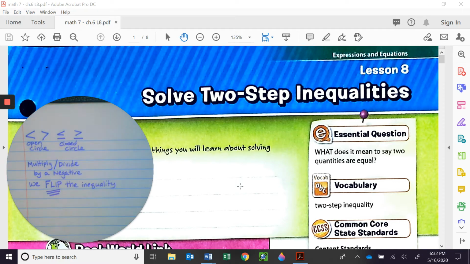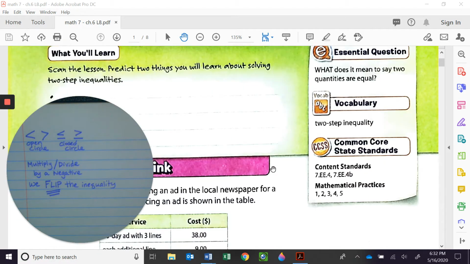Okay, so that's the only difference with inequalities, and we practiced that in lesson 7, but we do need to remember it when we're dealing with two-step equations, because we're going to have to be multiplying and dividing somewhere in the equation. Okay, but please remember that it only happens for multiplying and dividing. Okay. All right, so let's look at some examples.